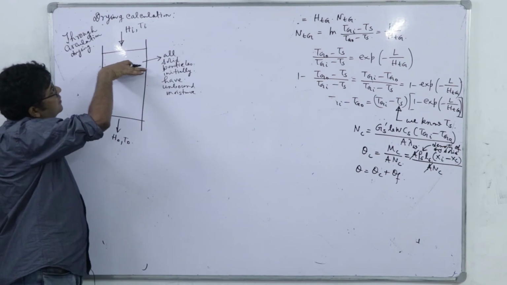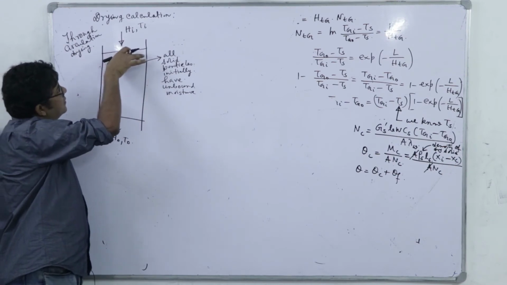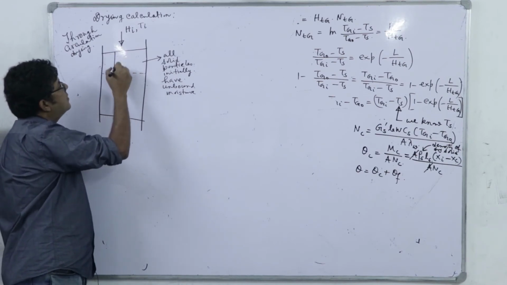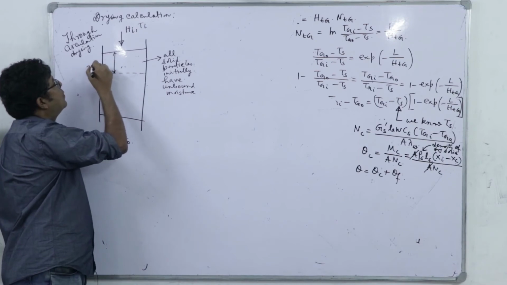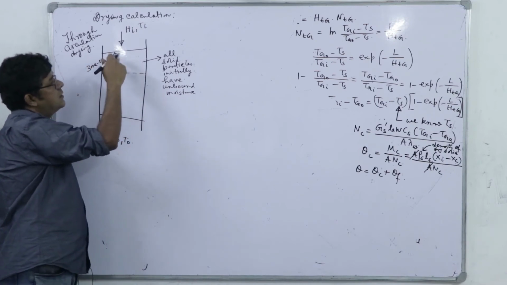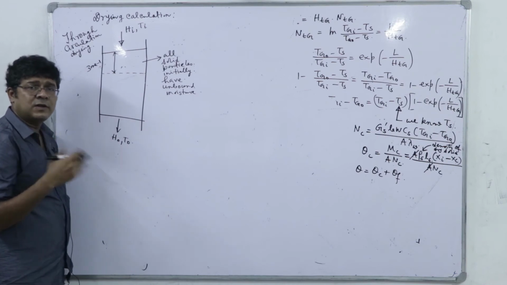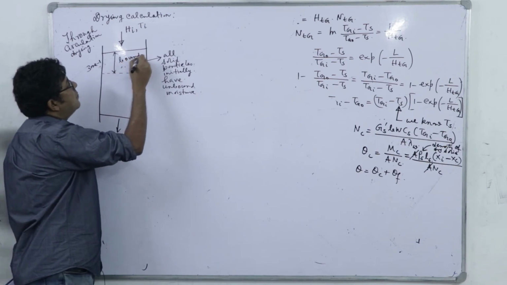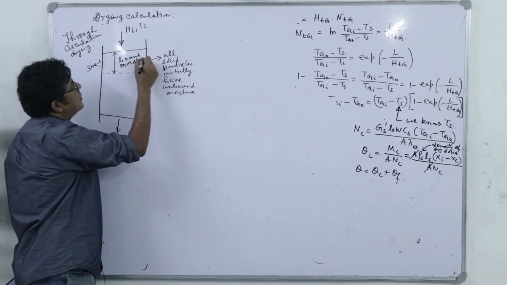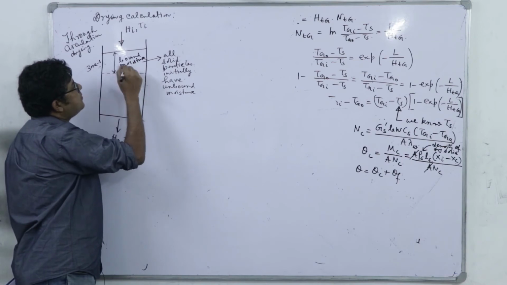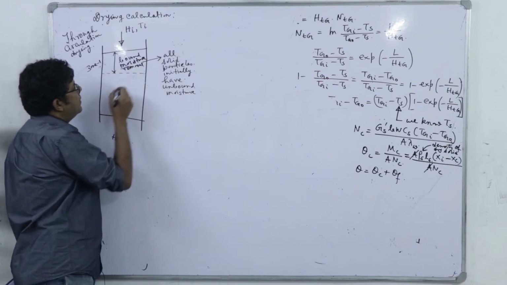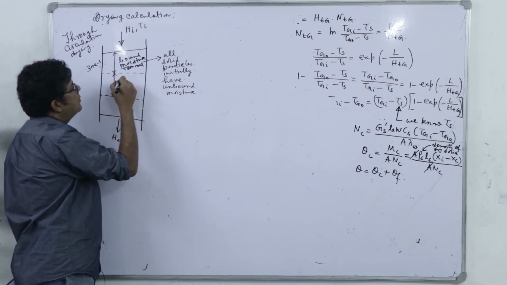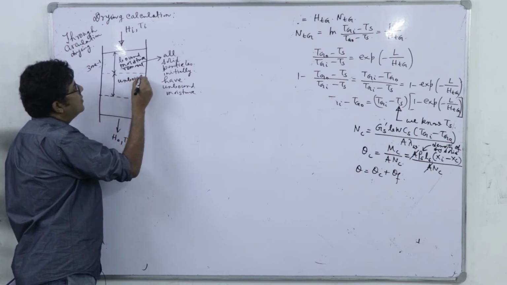Over some region, it's an intermediate state. Over some region, which is, let's say, zone 1, all unbound moisture will be removed and bound moisture removal will be taking place. So, this is bound moisture removal. After that, there will be another region where we have unbound moisture removal.